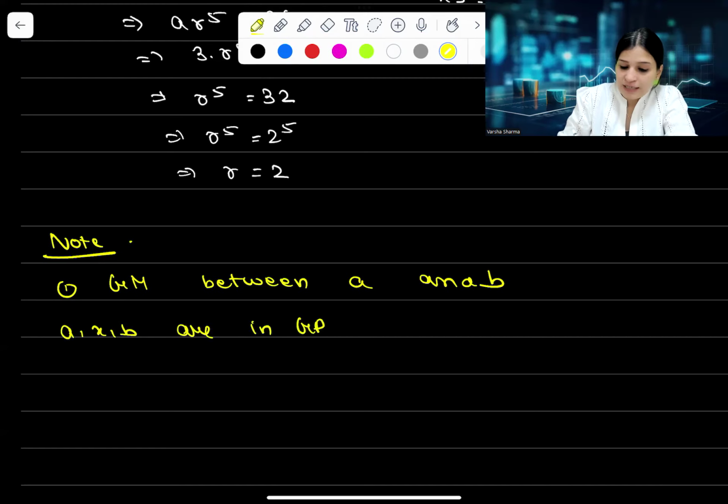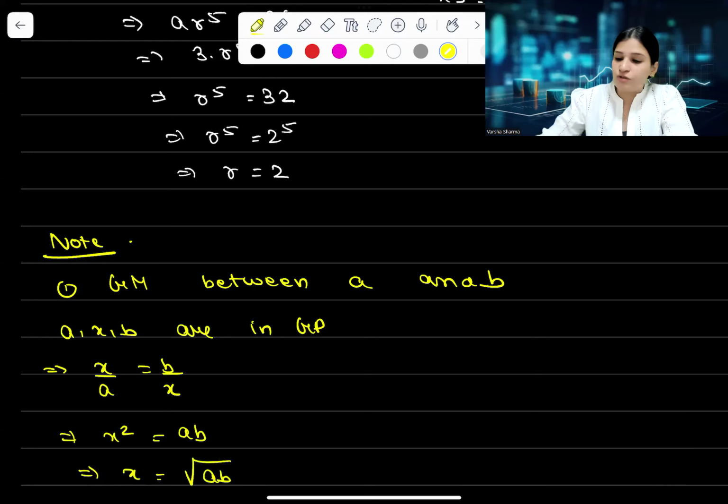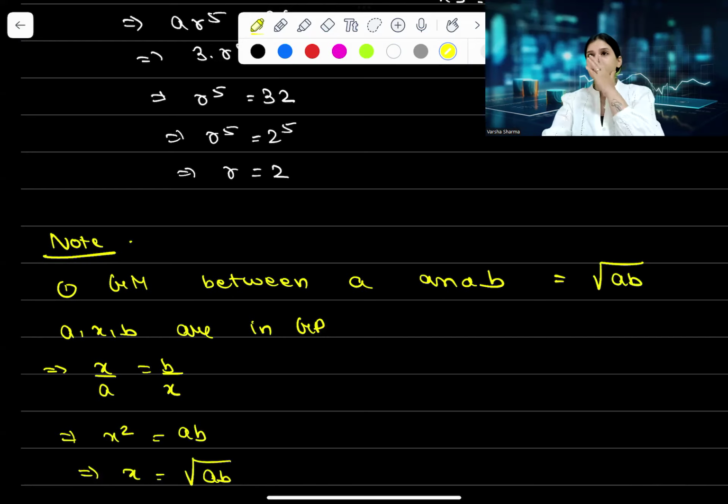If these three numbers are in GP, then the ratio would be same: ratio of second and first, and third and second. So x square is equal to AB. x would be root AB. So the geometric mean between A and B is root AB.